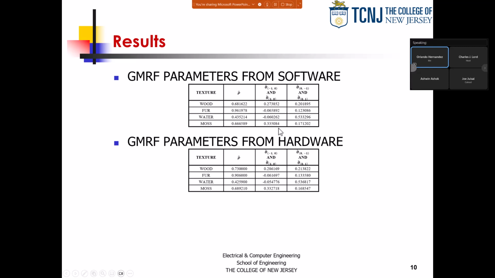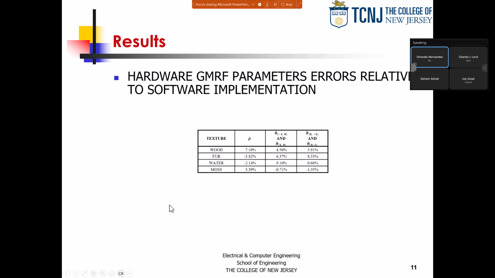This is the software actual parameters for each of the textures, and then we computed the errors between the software and the hardware implementation, taking the software implementation as the reference. So these are the actual errors that we obtained for each of those 4 samples.